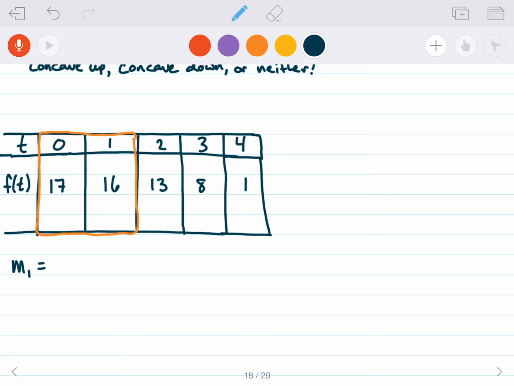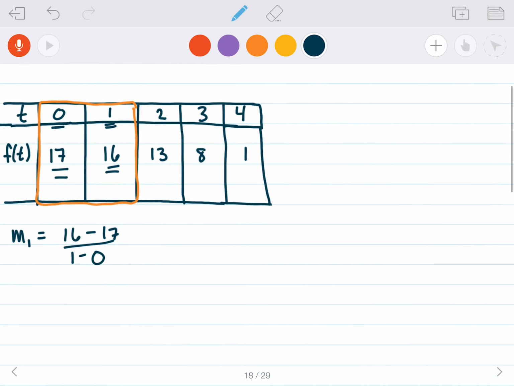So we have y minus y over x minus x, and we'll calculate these later. m2 is going to be these guys.